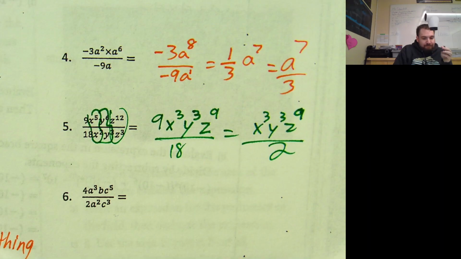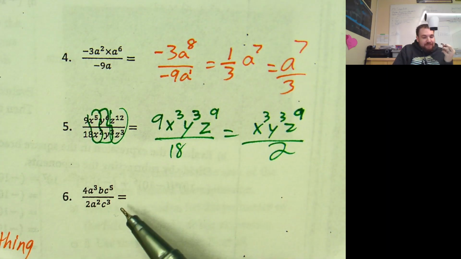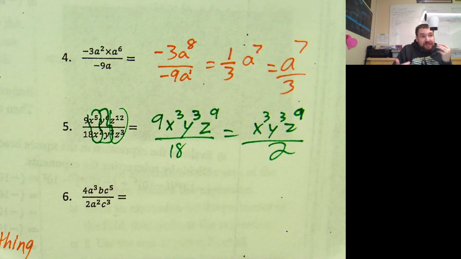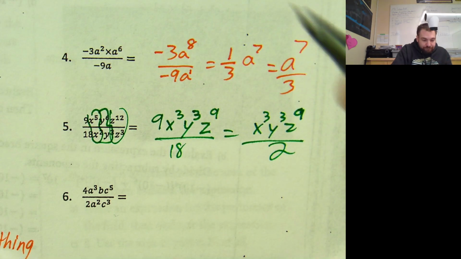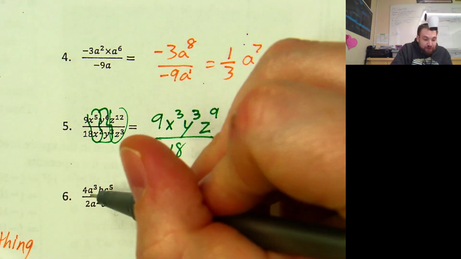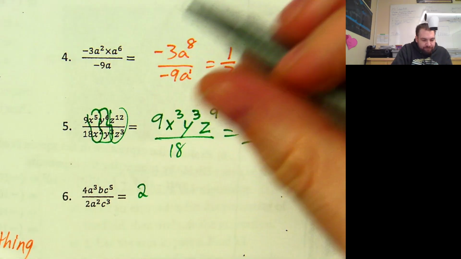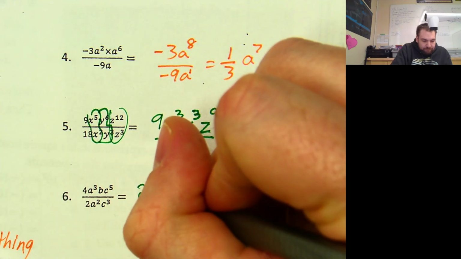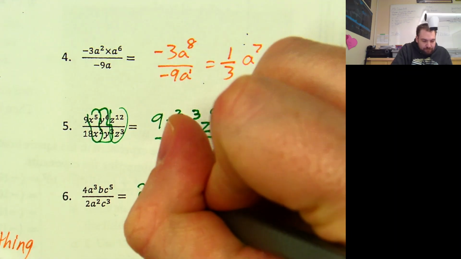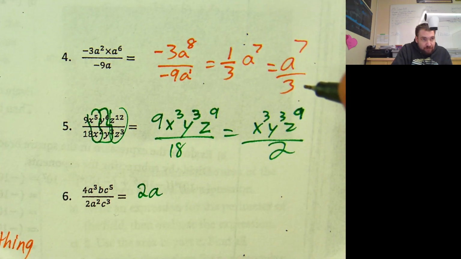But can you group anything else? The A's and the C's can be grouped and the coefficients can be reduced. So that part we still have to do. You said 4 divided by 2 is 2. Okay, good. Keep going. Right, because if it's a power of 1, we don't write the 1.